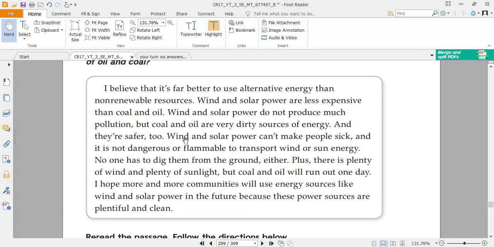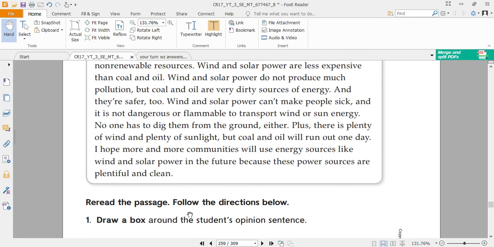Wind and solar power can't make people sick, and it is not dangerous or flammable to transport wind or sun energy. No one has to dig them from the ground either. Plus, there is plenty of wind and plenty of sunlight, but coal and oil will run out one day. I hope more and more communities will use energy sources like wind and solar power in the future because these power sources are plentiful and clean.